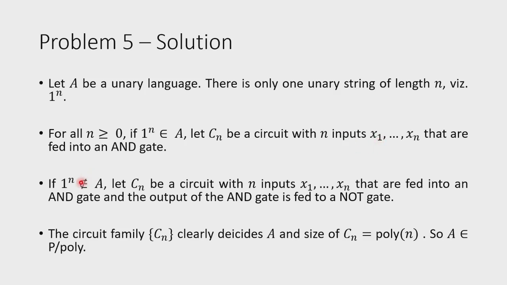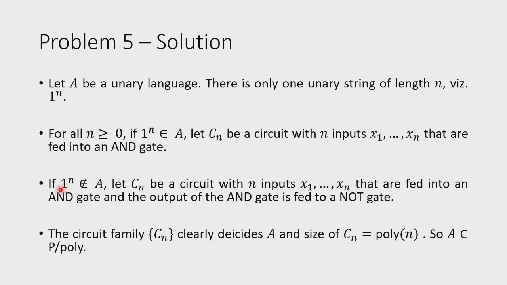So it's just an existence claim, we only need to give one circuit. Other circuits might also exist, like you can always create some complicated circuits that also accept 1 to the n.